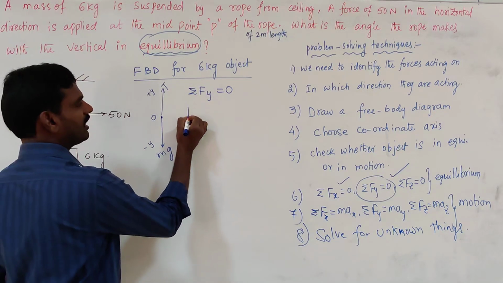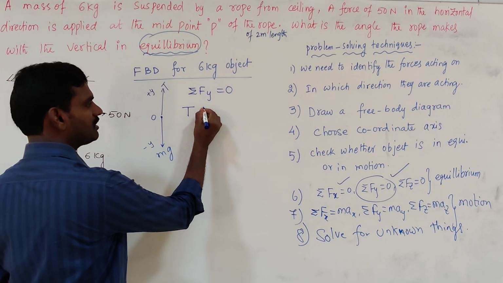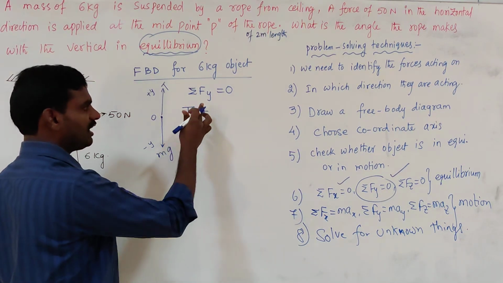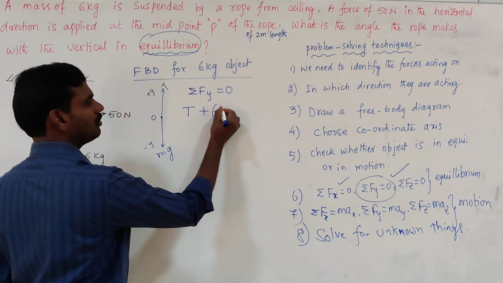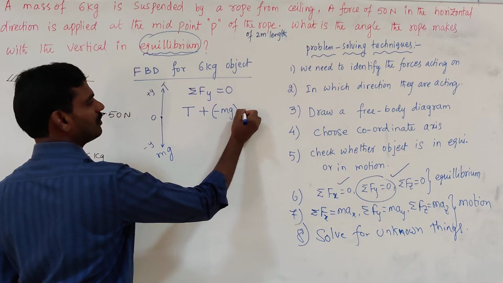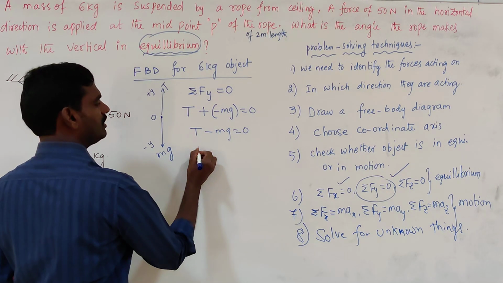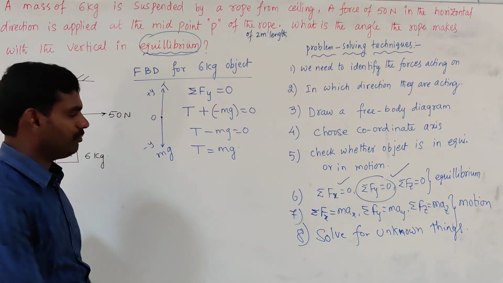One force is acting along the positive y-axis, T. Summation means plus. And what is the other force acting along the y-axis? Mg is acting, but it is acting downwards. So minus mg equal to 0. T minus mg equal to 0. That means T is equal to m into g.